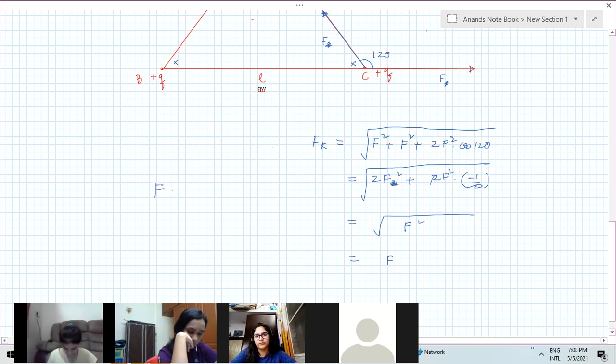F is nothing but K into Q divided by L square, or K Q square by L square. Because here cos 120 happens to be minus half. Minus half means you will get 2F square minus F square, which will be just under root F square. That means F means K Q square by L square.